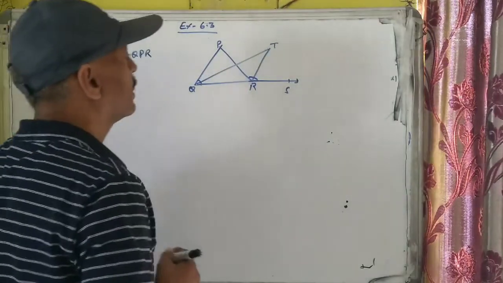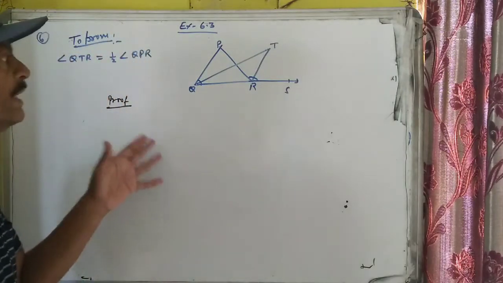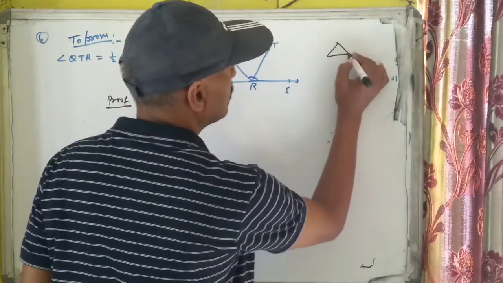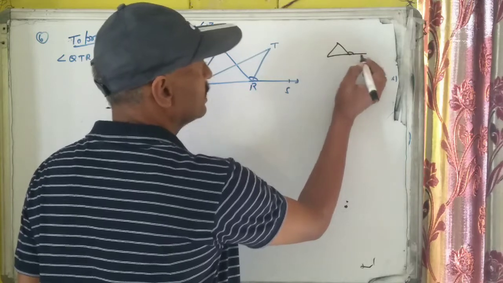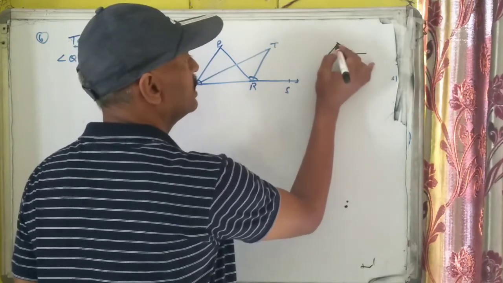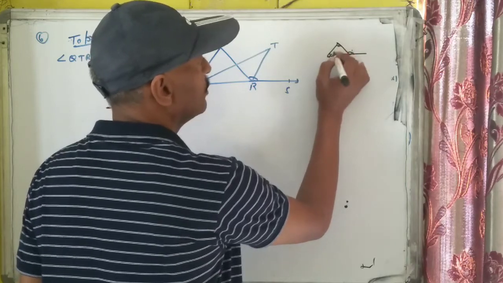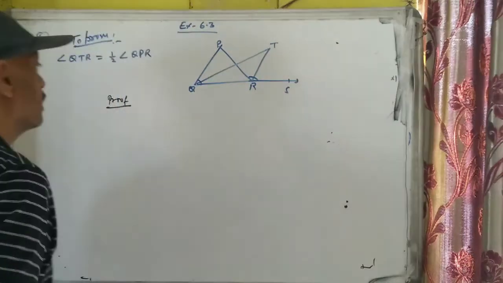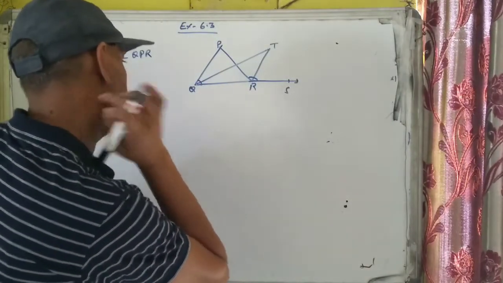Exterior angle is the angle which is equal to the sum of the interior angles. It means that if this is a triangle and this side is extended, the angle formed by this is the exterior angle and these are the interior angles. So the sum of these two angles will be equal to this one. Property is there. So let us do this question.